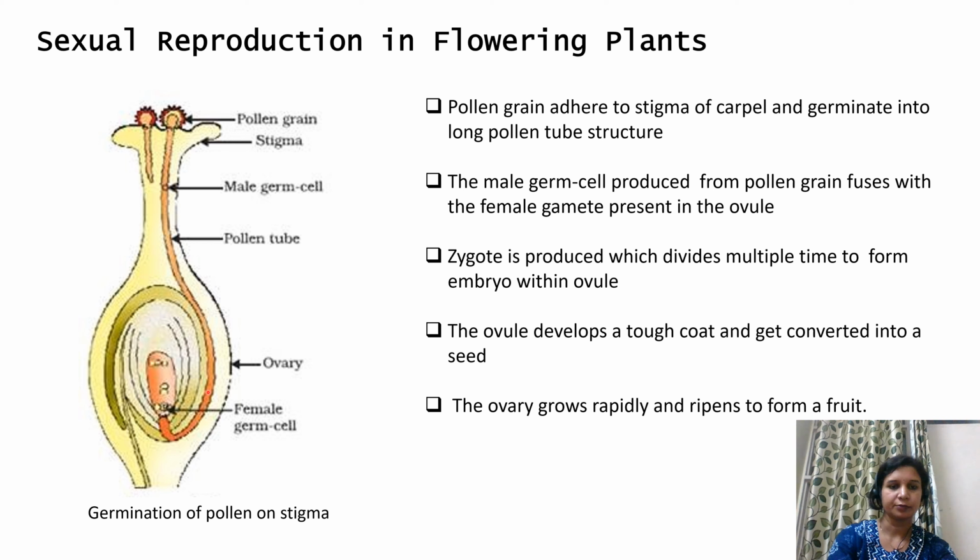It fertilizes the ovule present inside the ovary, and after fertilization a zygote develops. After that, continuous cell division produces the embryo, and this embryo gets enclosed in a hard structure called the seed coat. This fertilized ovule leads to the formation of a seed, whereas the ovary leads to the formation of a fruit. So the seed is enclosed in the fruit, and we get seeds for the next generation so that they can produce similar plants, as we have discussed that in reproduction they produce similar offspring.